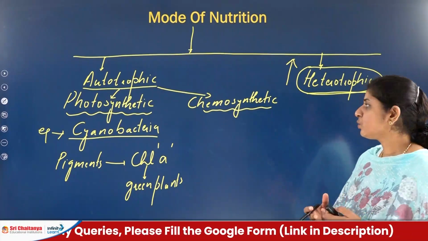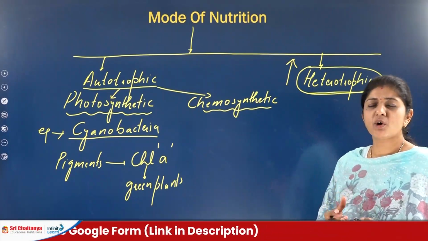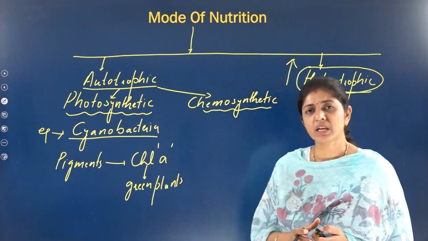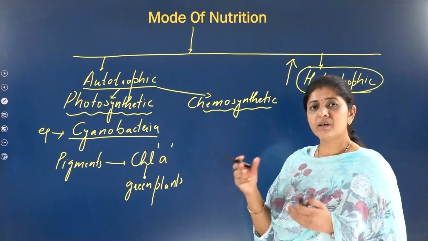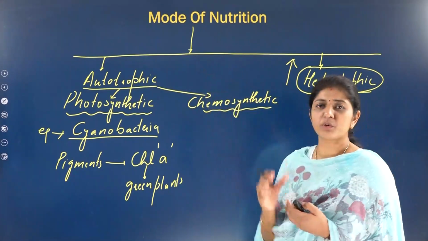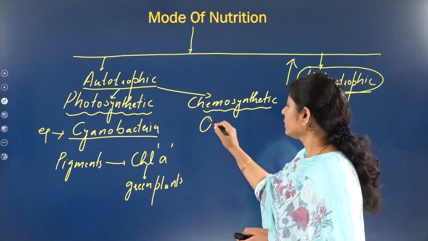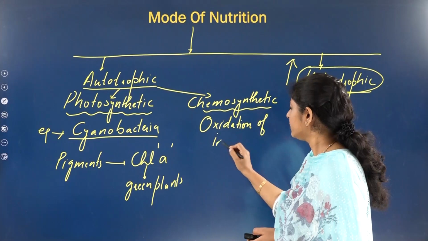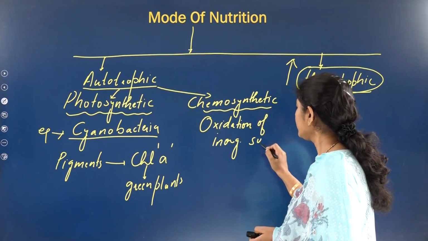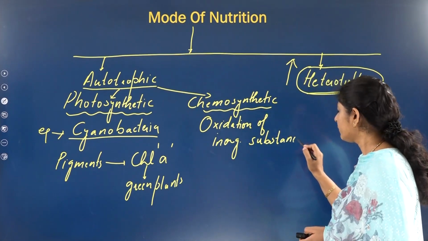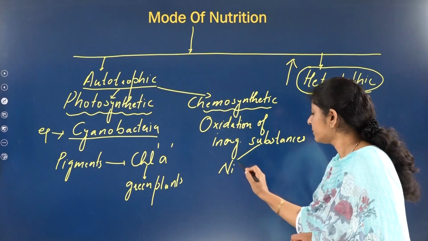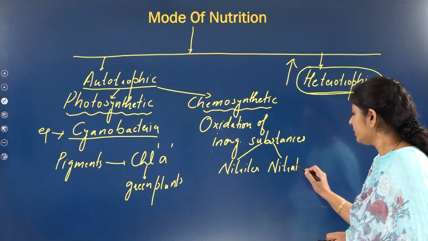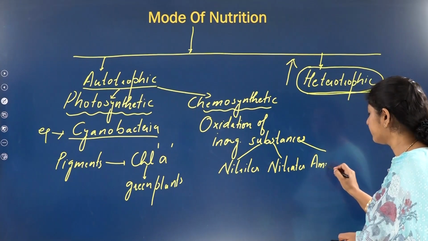See here the word is chemosynthetic, meaning energy is not coming from the sunlight. In photosynthetic, the energy comes from the sunlight. But in chemosynthetic, the food is formed on its own, no doubt it is autotrophic, but the energy comes from the oxidation of inorganic substances. Now what are those inorganic substances here? They include the nitrites, the nitrates, and even ammonia.